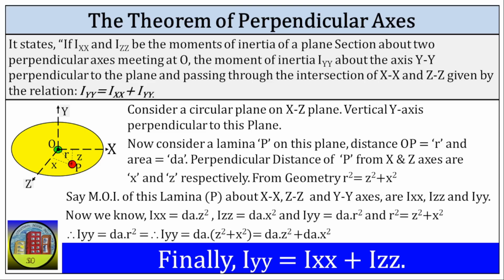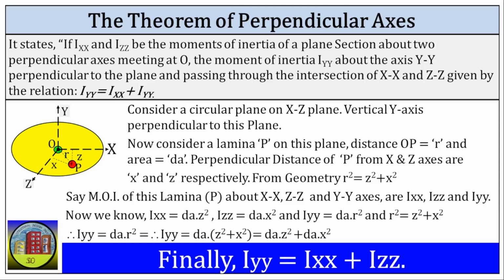Now the question is how we can prove the theorem of perpendicular axes. To do that, we have to consider a circular plane on the xz plane, and the y-axis of this plane is perpendicular to the circular plane, and all these axes are passing through O. Now consider a lamina P on this plane, and the distance of this lamina from O is OP, and OP equals R, and the area of this lamina equals dA.